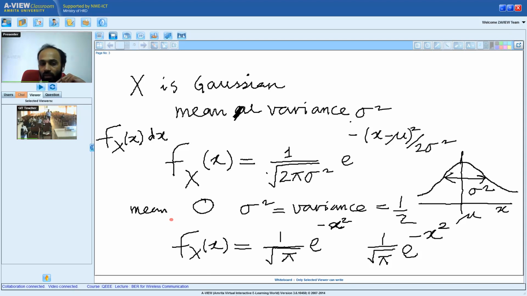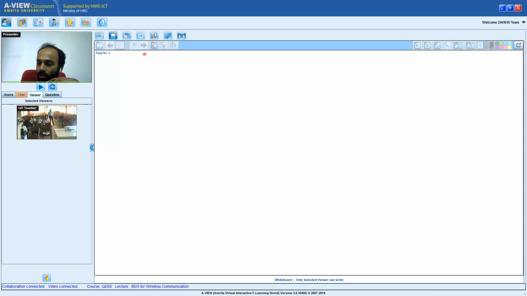Okay, so you're able to follow what I said about the Gaussian distribution. Very good. So now let us say y is also a random variable, y is also Gaussian with mean mu equal to 0, sigma square equals half.